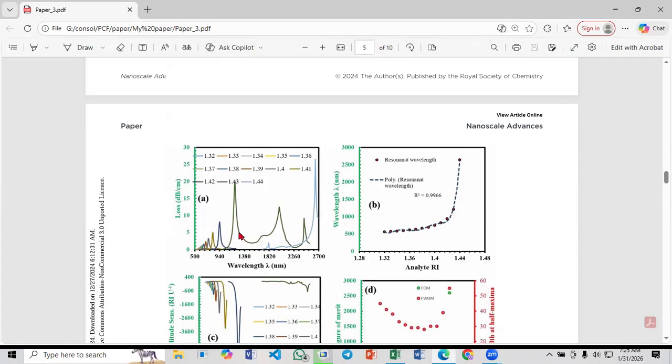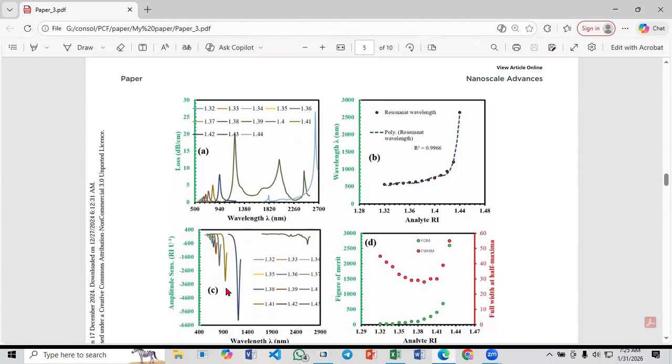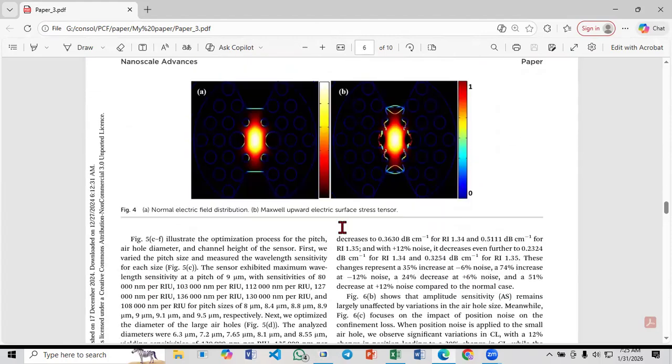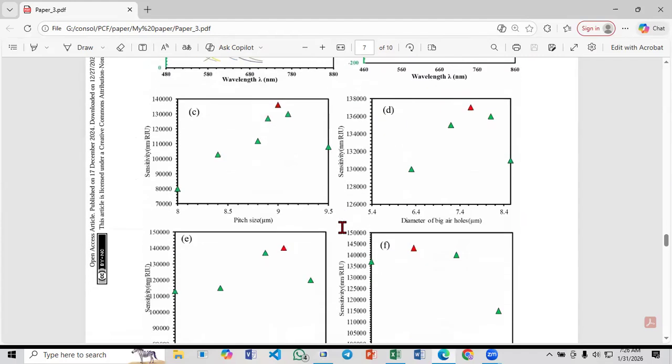So what I will do for you is reproduce two or three confinement loss curves, and from that I will calculate resonance wavelength, amplitude sensitivity, and figure of merit, to make you understand how you can calculate amplitude sensitivity, wavelength sensitivity, and figure of merit, and then I will also explain how you can optimize your sensor.